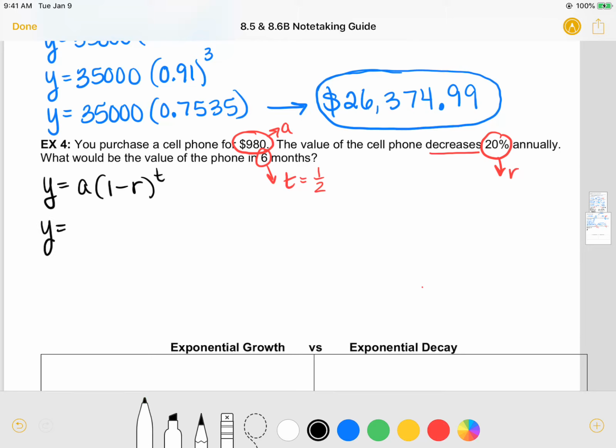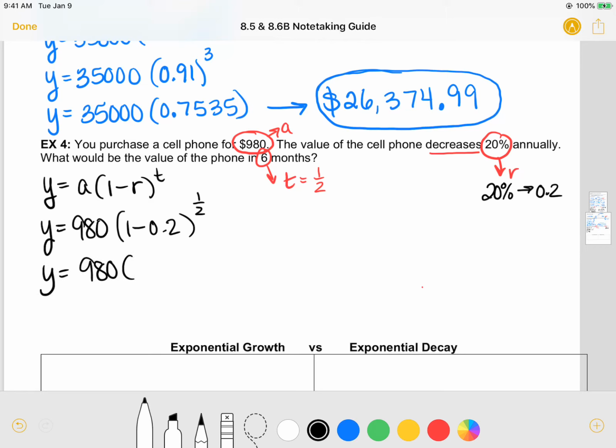Let's see, A equals 980 is how much our cell phone was worth initially, times 1 minus 20% as a decimal is going to be 0.2, so 1 minus 0.2 raised to the 1/2 power, or you could say 0.5, okay? Let's go ahead and evaluate the parentheses there. So we're going to say 980 times 0.5, or excuse me, whoops, not 0.5. Let's see, 1 minus 0.2 is 0.8, and then we're going to raise it to the 0.5 power, okay? So grab your calculator.